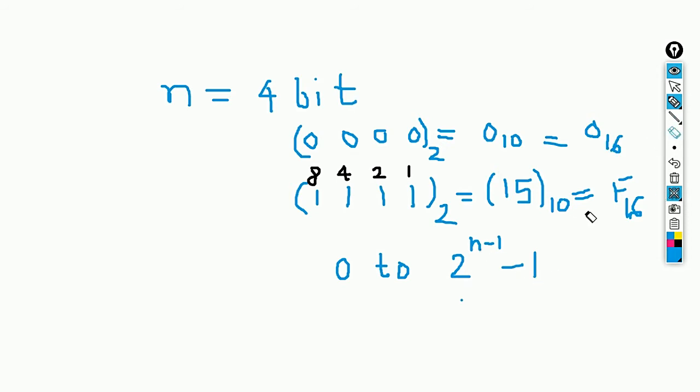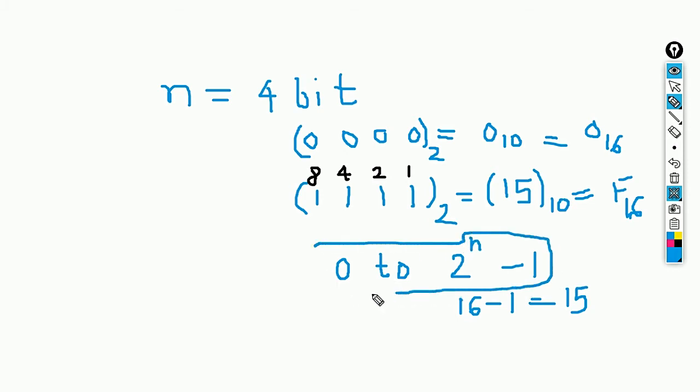So we need to modify the formula. Is this formula fitting here? Let's check it out. N equal to 4, if we substitute here, what will we get? 16 minus 1. It is evaluating to 15. Answer is 15. Thus the generalized formula to represent an n-bit unsigned binary number is 0 to 2 to the power n minus 1.